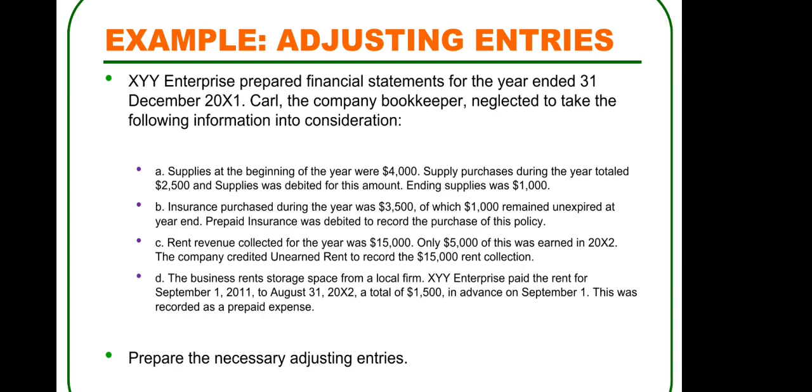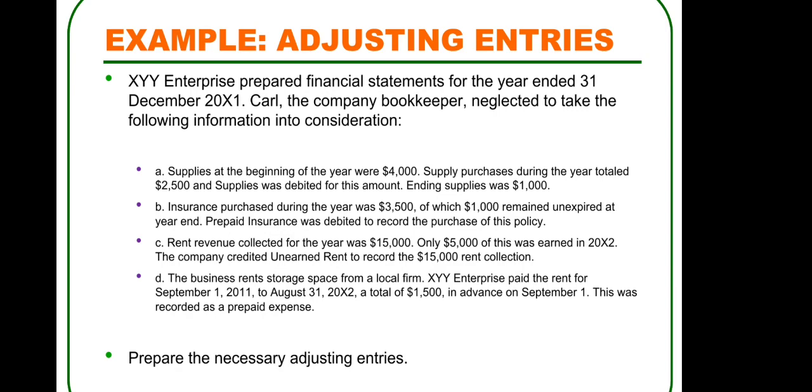So you know that the rent is $125 per month. The business has used the building from September 1st 2000x1 to 31st of December 2000x1. So how many months has passed? September, October, November, December, 4 months.